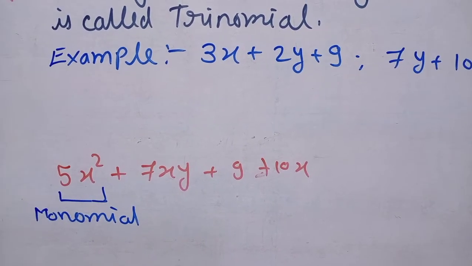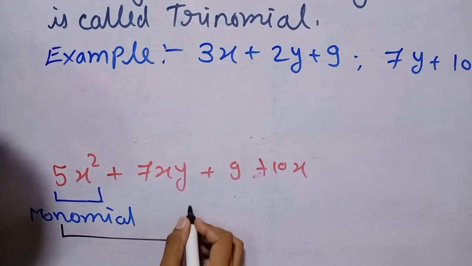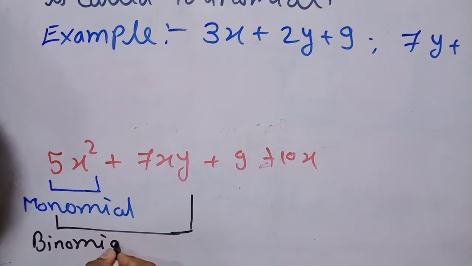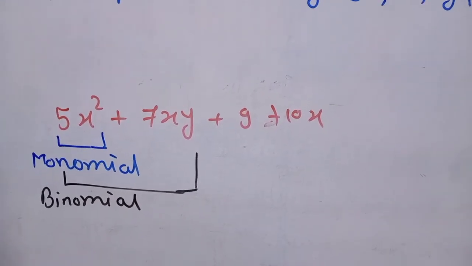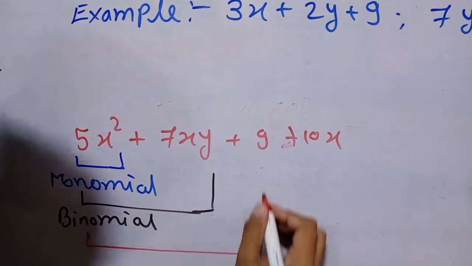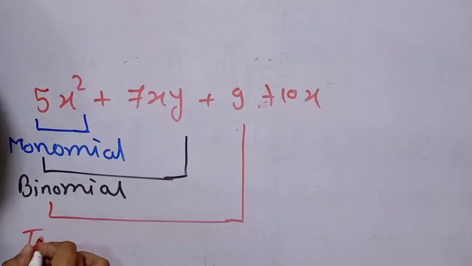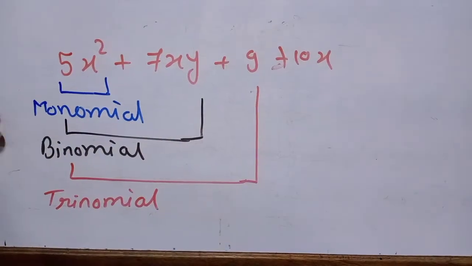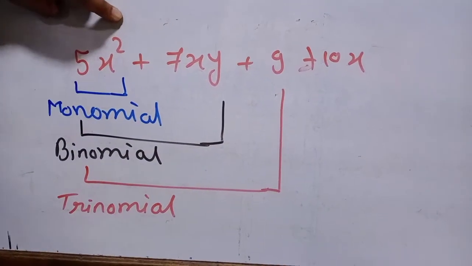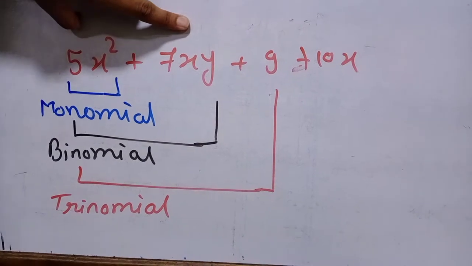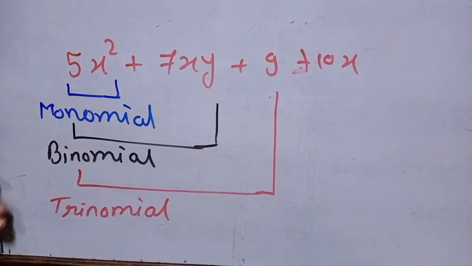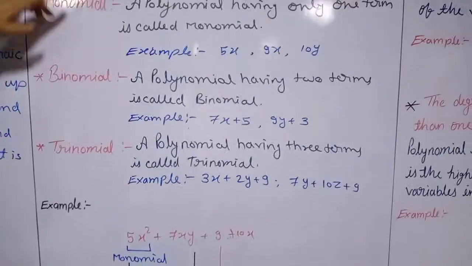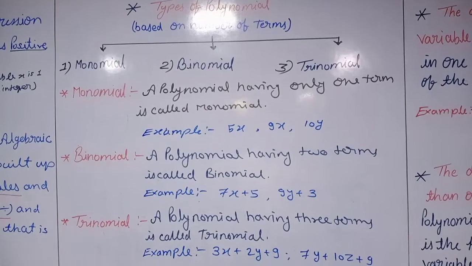When it increases till the second term, that is binomial, and if it increases till the third one, that is trinomial. So we can easily come to know: if we have only one term, that is monomial, if we have two terms, that is binomial, and if we have three terms, that is trinomial. So this way we come to know the types of polynomial based on the number of terms.